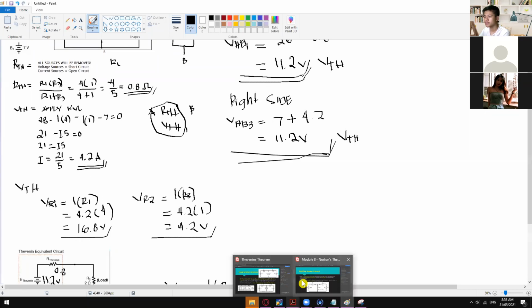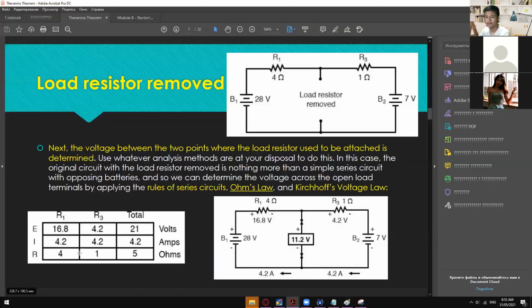And we have here the individual resistances, the 4 ohms on the R1 and the 1 ohm on the R3, and the final 5 ohms once you have combined those two. But take note, this is not our RTH. This is just the final total resistance when you combine those two.